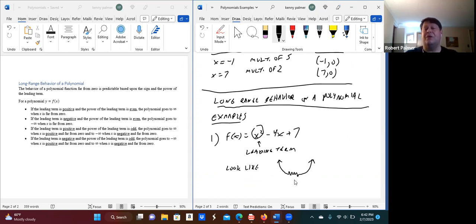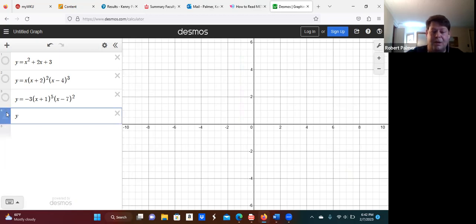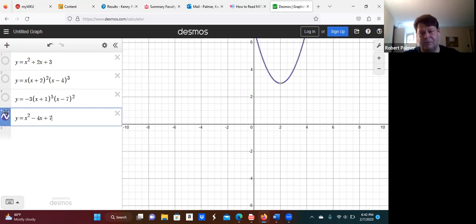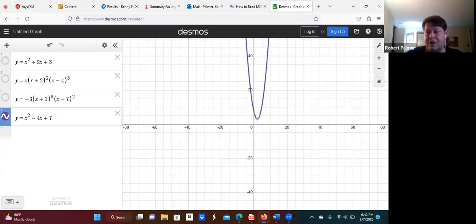Now let's take a look and prove that. We'll go back to Desmos. So I had y equals x squared minus 4x plus 7. Now it's just a polynomial, just a parabola. And we can see that basically that's what's happening.